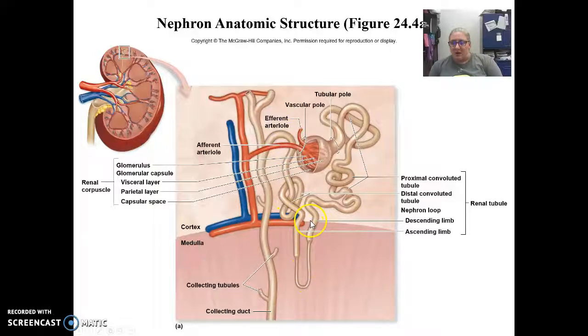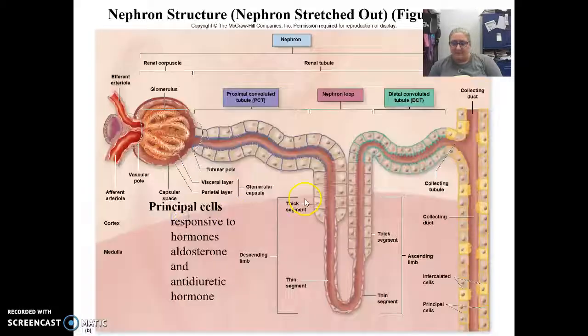And there's your loop of Henle. There's your collecting duct. So within the renal tubule, we have specialized cells called principal cells. Principal cells, you can see them in the collecting duct, are going to be sensitive to aldosterone and antidiuretic hormone.